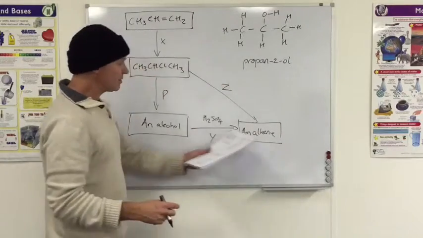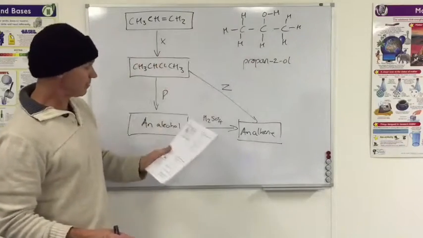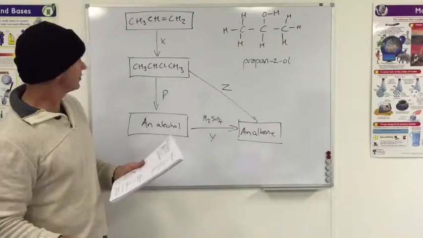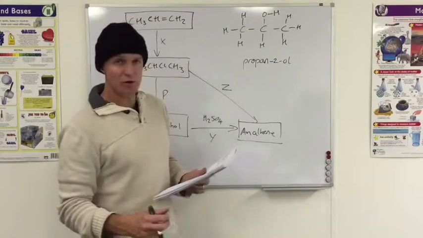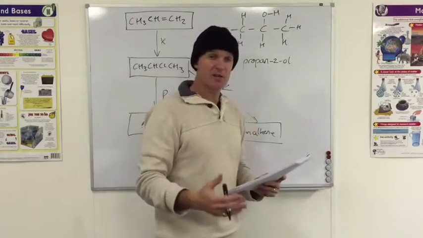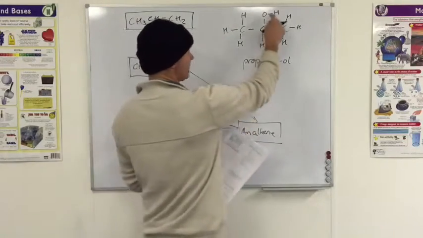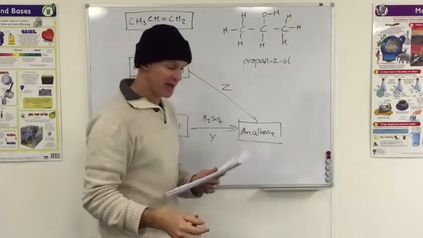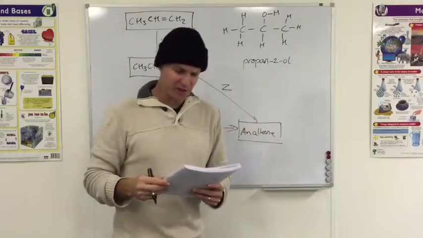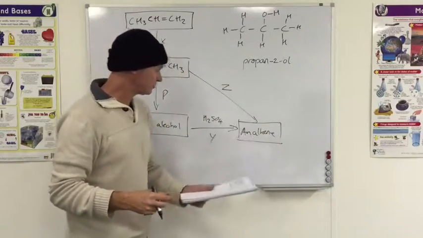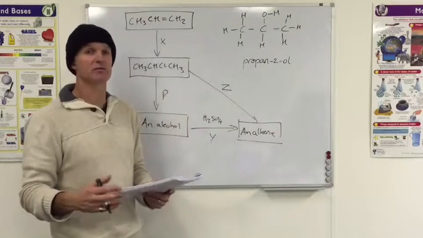Well, it's elimination, because we're going from that back to the alkene that we started with. So you could call it elimination, or if you want to be fancy, it's a dehydration reaction. We're taking out an OH and an H. All right. The function of the acid in this particular reaction, well, it's the eliminating reagent, or it's the dehydrating reagent.